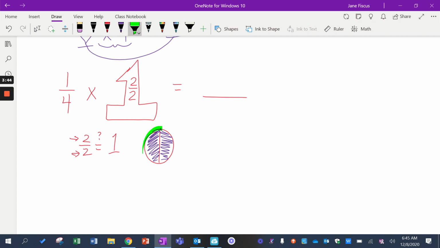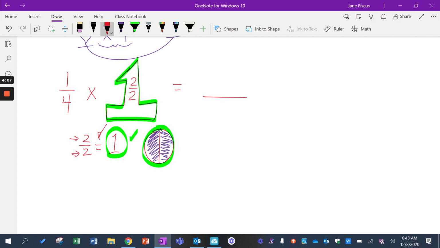And isn't this 1 whole? It sure is. So 2 halves is equal to 1 whole. So when I put it up here in my 1, we know that 2 halves is the same as 1 whole. So we are using 1 here. We're just naming it as 2 halves.